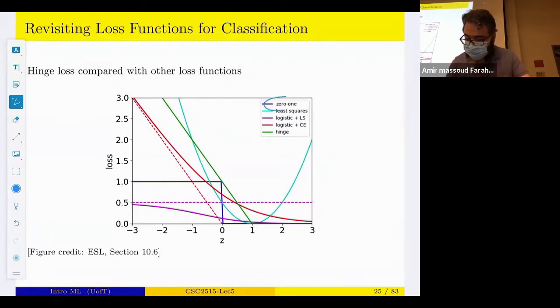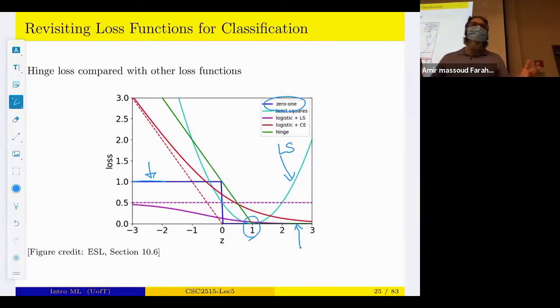For example, for the 0-1 loss function, the loss would be 1 if the prediction of our linear model z is negative, and it is 0 if it is positive. Here the assumption is that the true target is +1. Then we have other things like least squares. You see that for least squares, the minimum is at 1. But for reasons that I explained before, this is not a very good loss function.